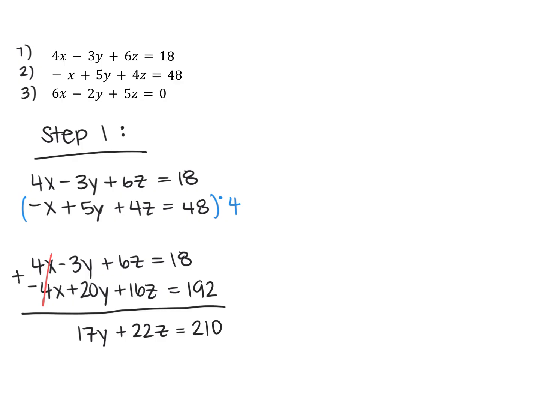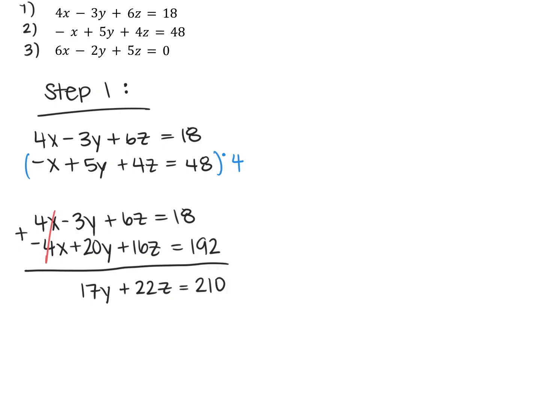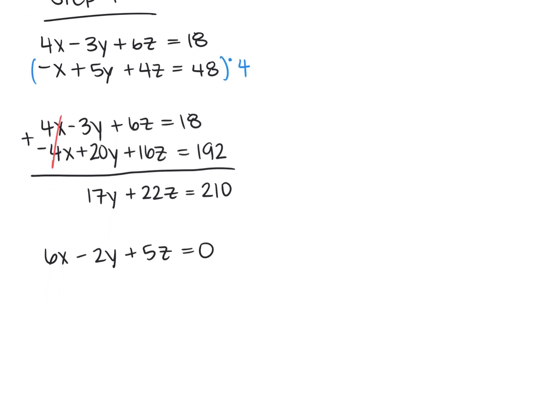So now I need to eliminate x a second time, and now I have to use equation 3 because I haven't used it yet. So 6x minus 2y plus 5z equals 0. And now I need to choose which equation I want to reuse, which is going to be equation 2. Negative x plus 5y plus 4z equals 48.